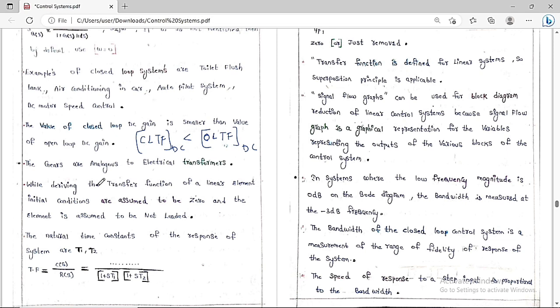The next point is: while deriving the transfer function of a linear element, initial conditions are always assumed to be 0 and the element is assumed to be not loaded.